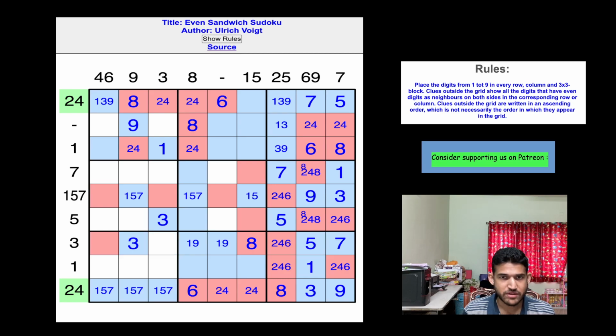Oops, that was even, right? So that is 246 246. This is even because 1 3 5 7 9 can't be there. It's an even digit, and in column 2 still one even is left. It's about finishing things at this point.